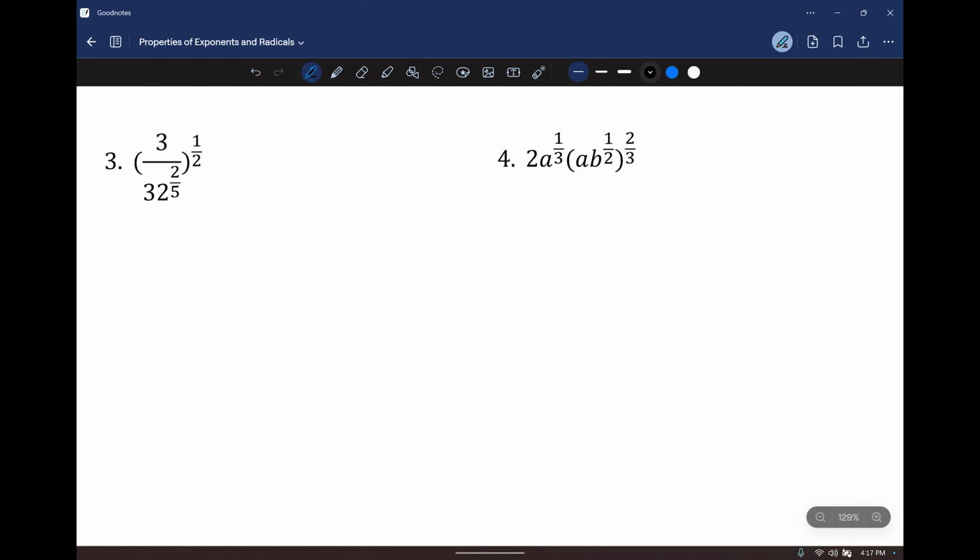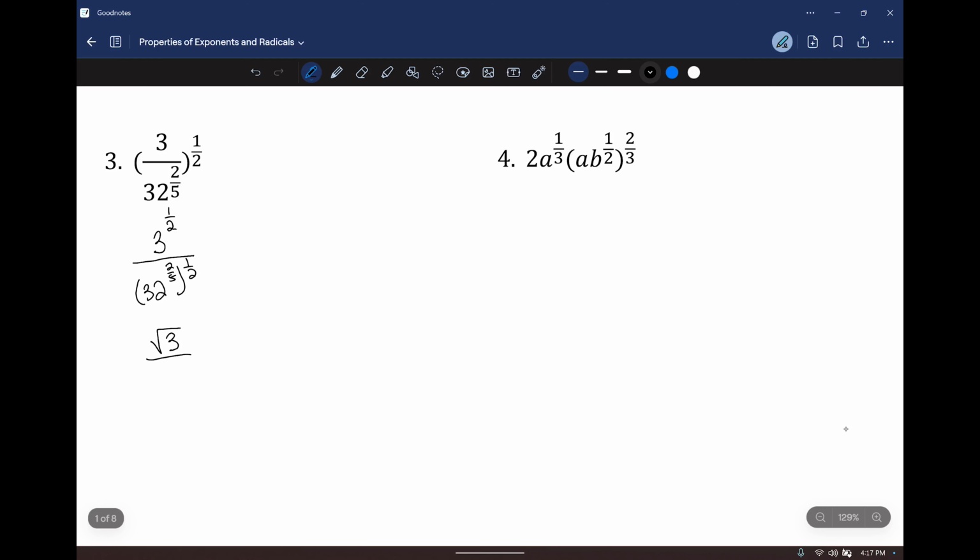All right, number 3. So there's nothing that I can reduce in the parentheses like on number 2. So I'm immediately going to take 3 and raise that to the 1/2 power, and I'm going to take the 32 to the 2/5 and raise that to the 1/2 power. So on top, that's just the square root of 3.